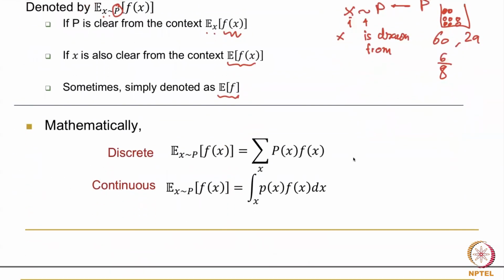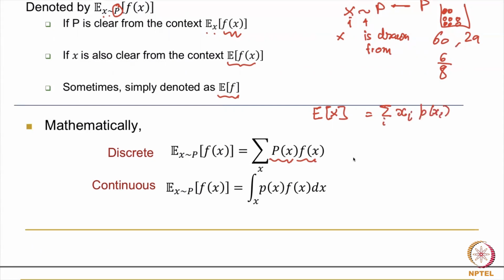So how do we define expectation mathematically? Mathematically, it is very simple. I'll show you a few examples here when it becomes clear. But the formula is probability of X multiplied by f of X. The simplest expectation is expectation of some variable X is sigma x_i times probability of x_i, summation over i.